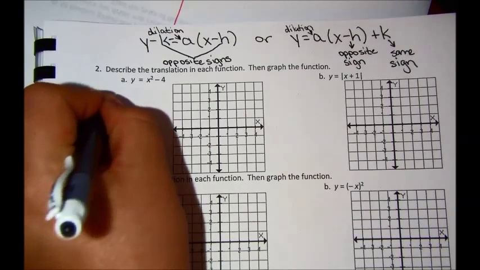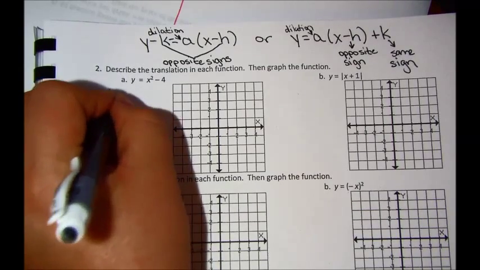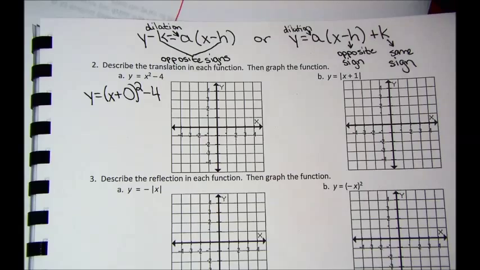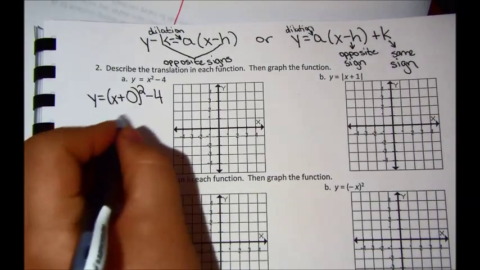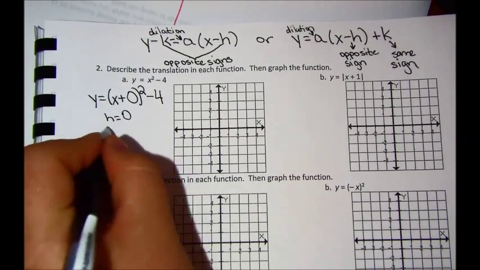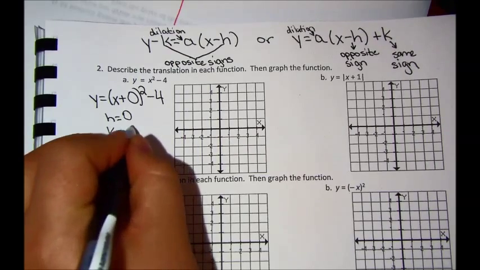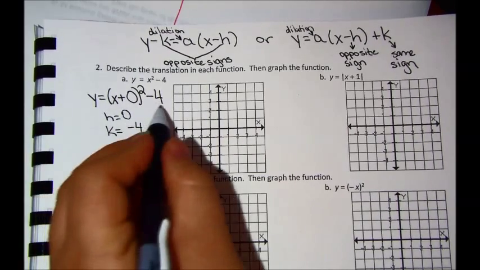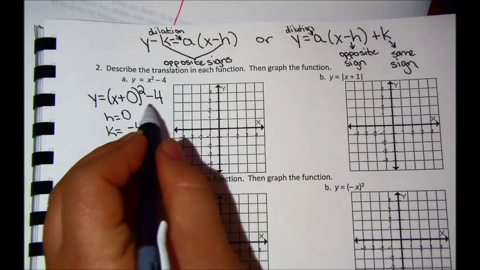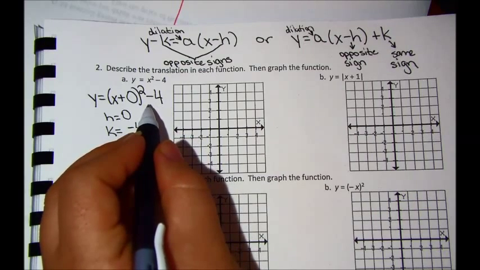If I just make one slight modification, this does not change the problem. Adding 0 doesn't change it. H is 0, k is -4 because it's on this side. We said it looked like the second one, so it remains the same sign.